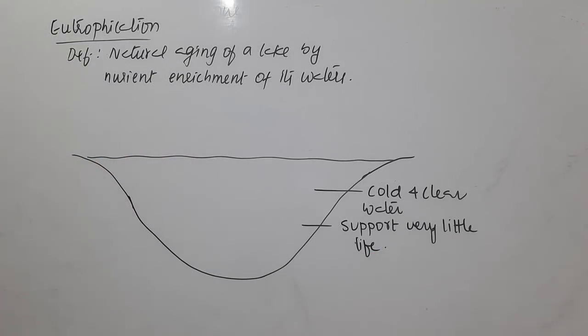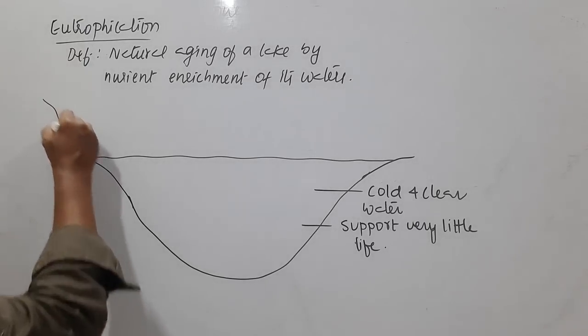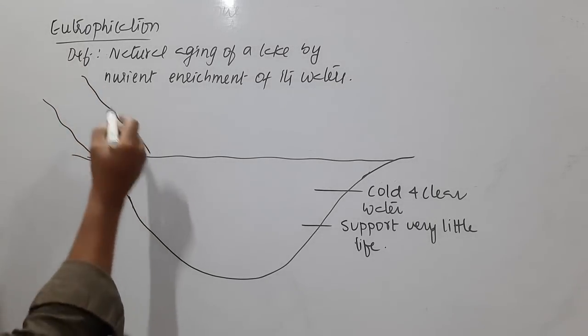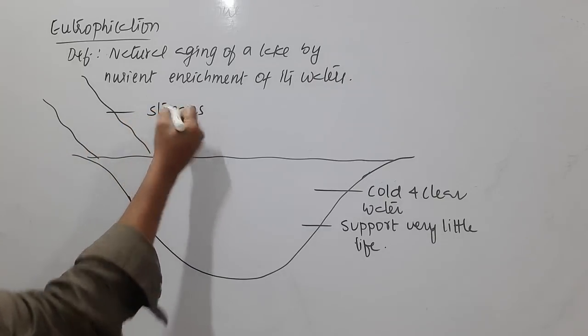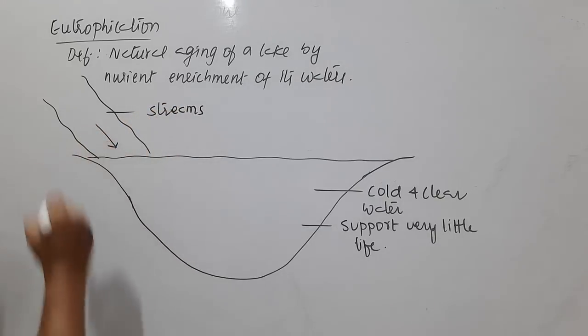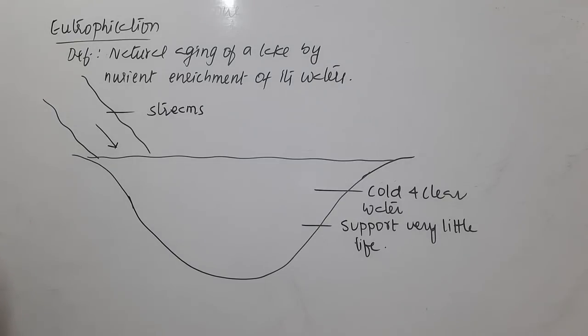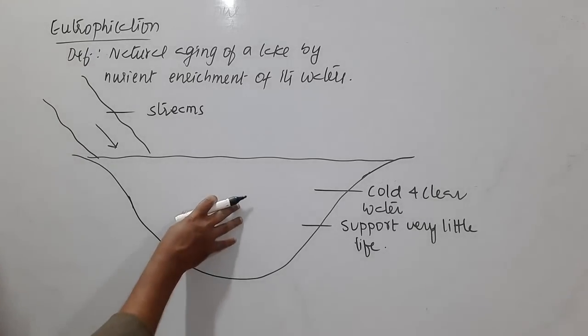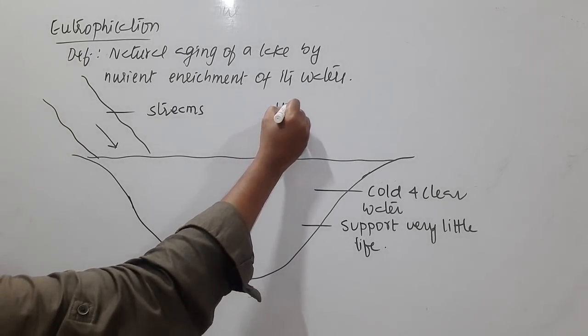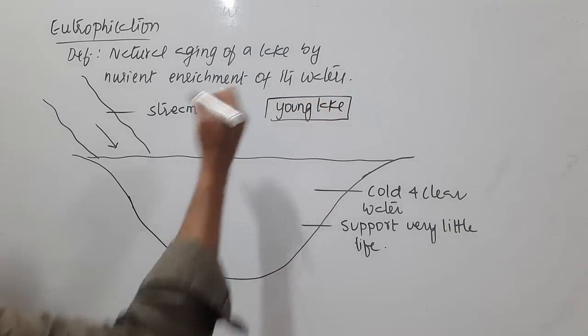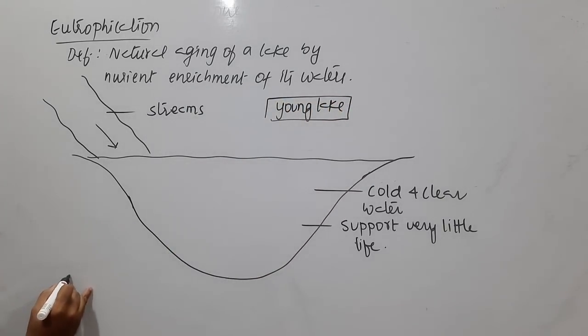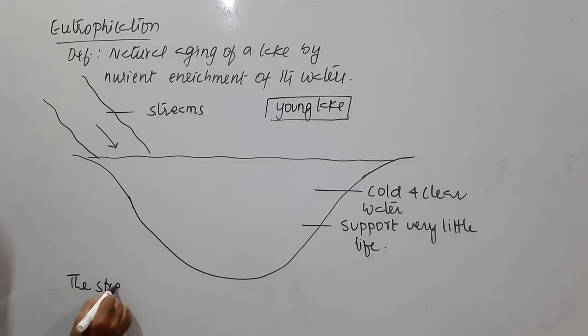Right? Now in course of time, streams will bring, so these are the streams, and they are going to bring, or release, nitrogen and phosphorus like nutrients into this lake. So here I'll just mention a young lake.